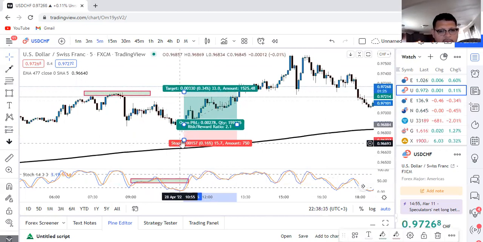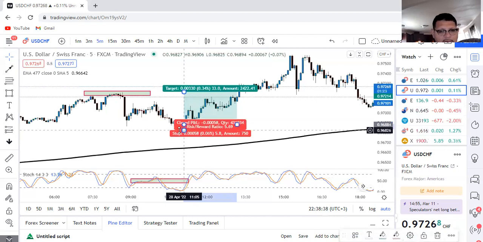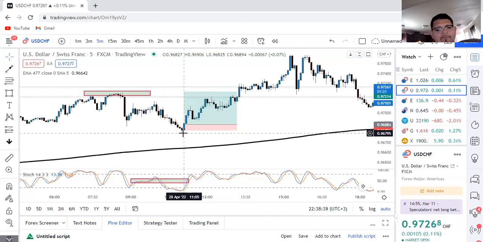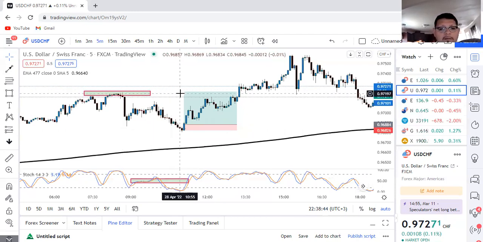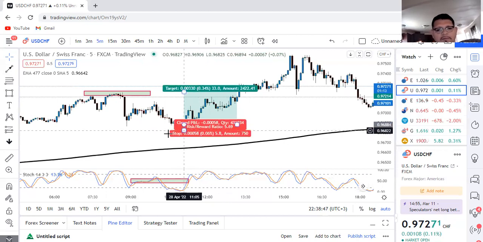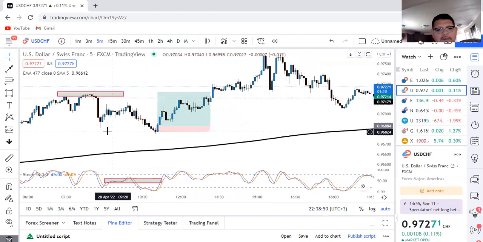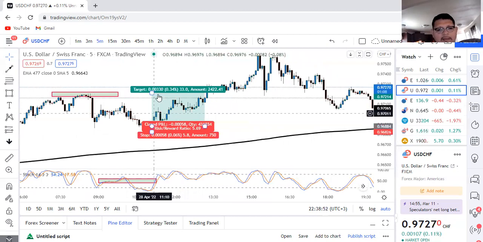That's a 33 pip take profit for a 5 pip stop loss. You guys can see we were just trading back up to the high.